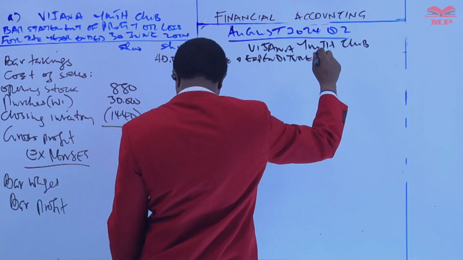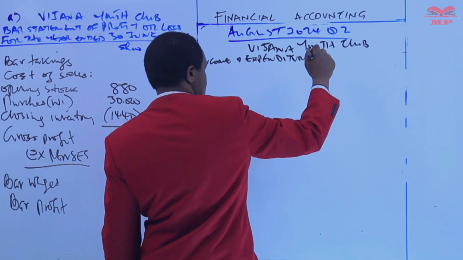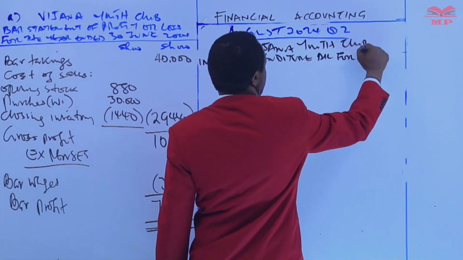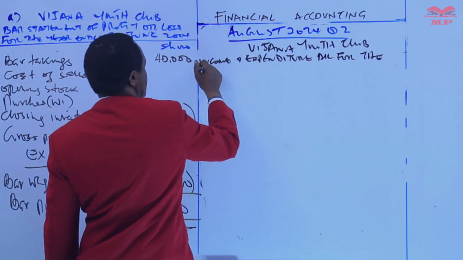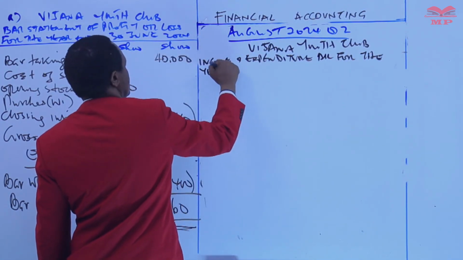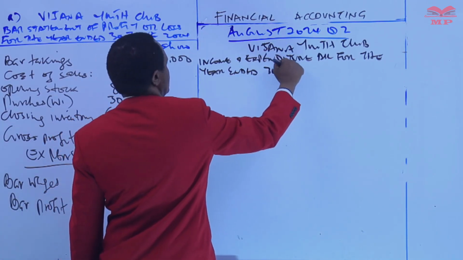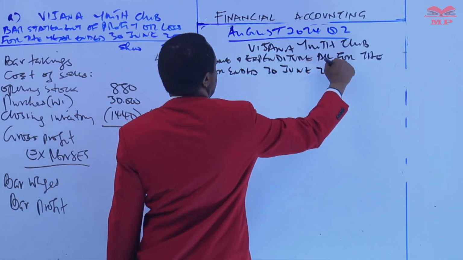This income and expenditure account for which year? For the year ended 30th June 2024.